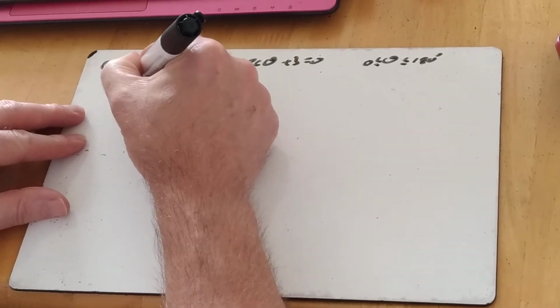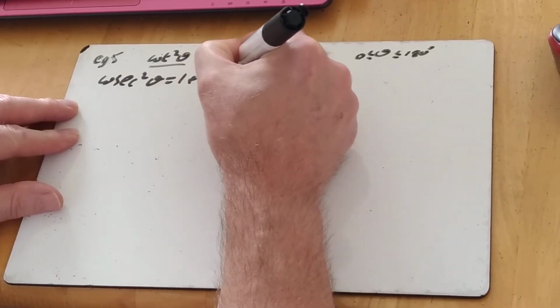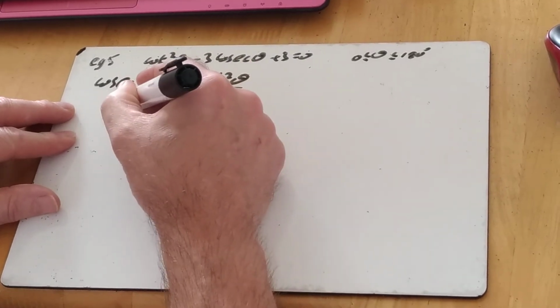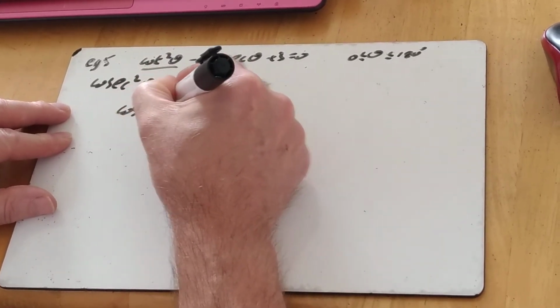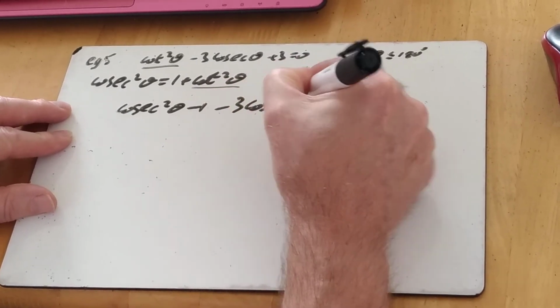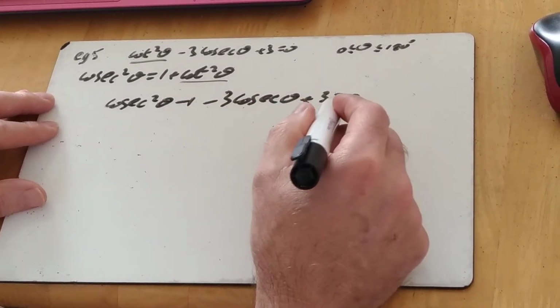I know that what I had before, I'll rewrite it again. Cosec squared theta equals 1 plus cot squared theta. So because I'm substituting for cot squared, I can rewrite that as cosec squared theta minus 1 minus 3 cosec theta plus 3 equals 0. There's my equation I'm going to be solving.